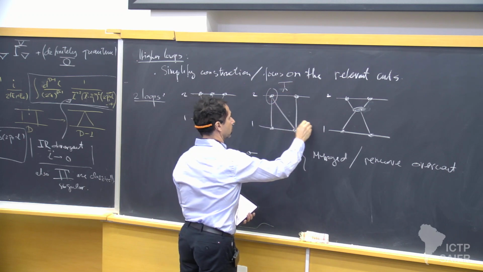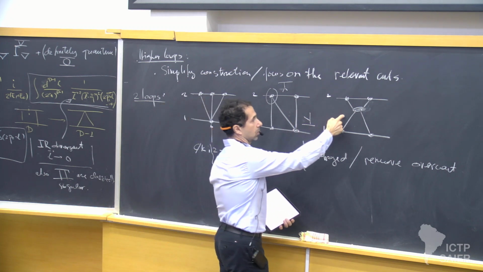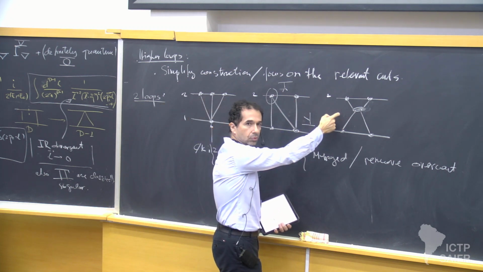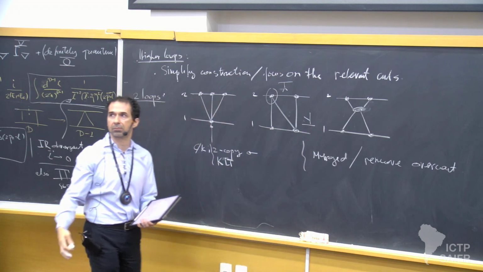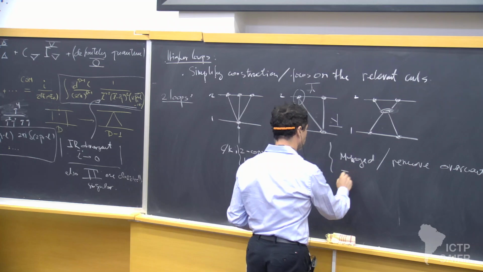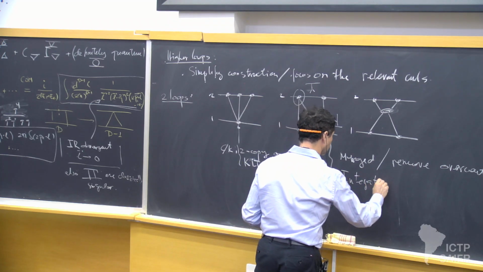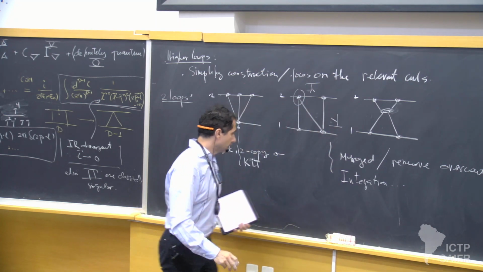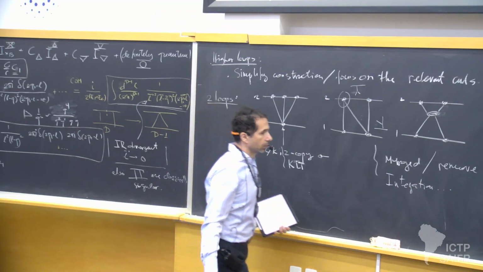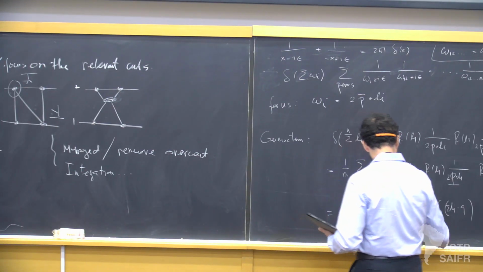And in this one, there's a graph that looks like that. And this guy is the same. The resulting graph also appears here, so that has to be removed. It cannot appear twice. And then there is integration to worry about, and so on.